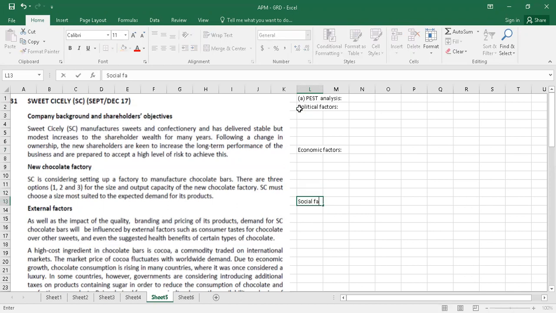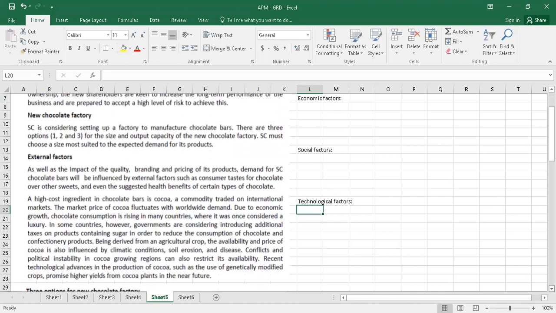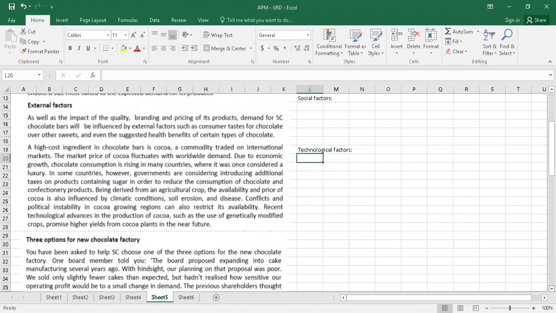Social factors. Then technological. Consumer taste for chocolates and other sweets, and even suggested the health benefits of certain types of chocolate.